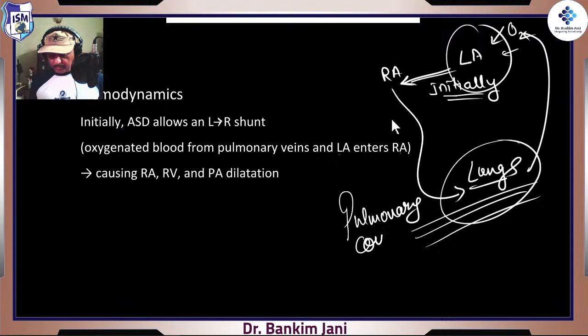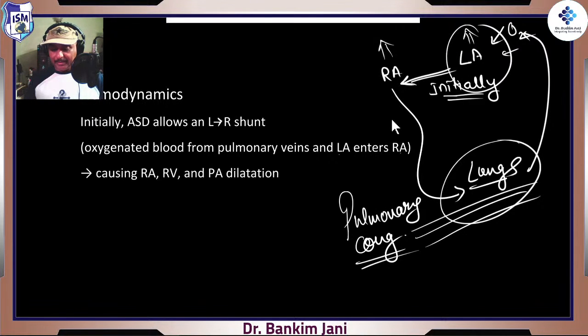Now see, pulmonary congestion, right? That's okay. It will start rising. At one point, it would happen that the pressure on the right side is equal to the pressure on the left side. Because there is so much congestion, because this is a non-stop process. It keeps on happening on and on.